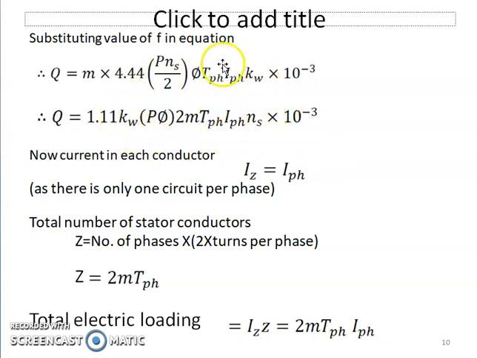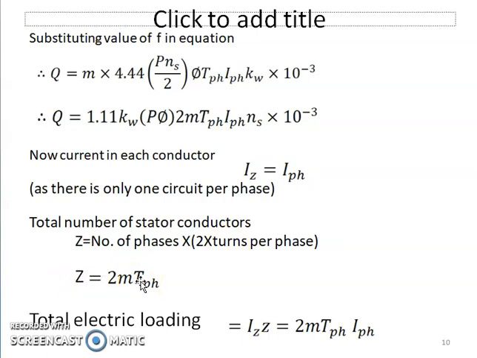This particular equation is rearranged to express the parameters in terms of specific magnetic loading and specific electric loading. Now, current in each conductor Iz equal to Iph, as we have assumed only one circuit per phase at the beginning of this derivation. Total number of stator conductors Z is given by number of phases into 2 times turns per phase, so Z equal to 2T, and if m is 1, then Z equal to 2 Tph.